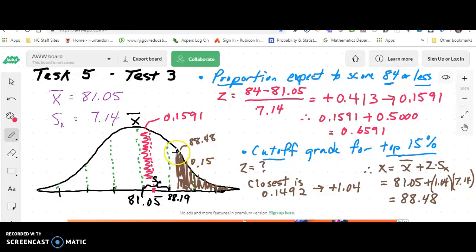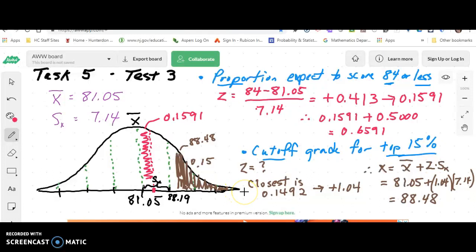And again, I'm just guesstimating it here. It's not like I know that this area is 0.15, but I'm doing it for a visual to help myself lay this out. So I need to find the cutoff score such that the area from here towards this tail is 0.15.